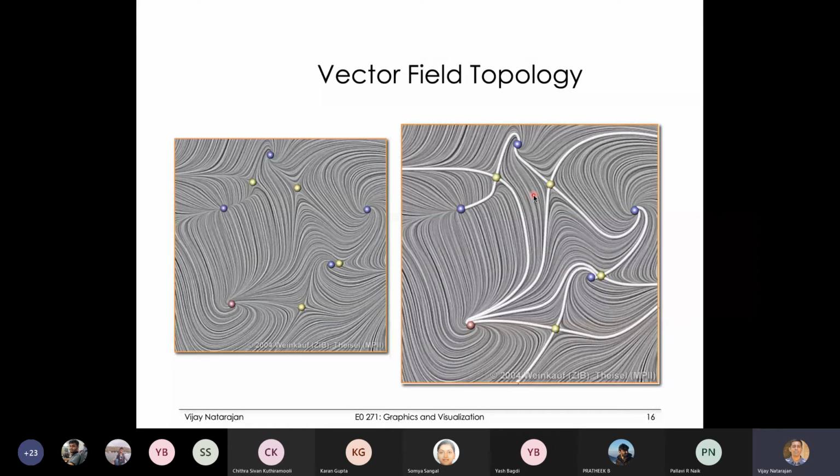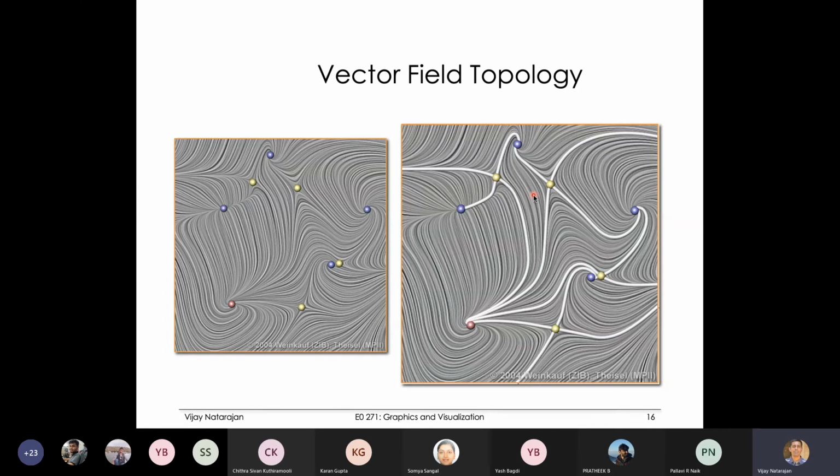So the white curves seem to separate the flow into regions of good behavior. These white curves are called separatrices. The field of vector field topology focuses on extracting these separatrices and using them to visualize vector fields.